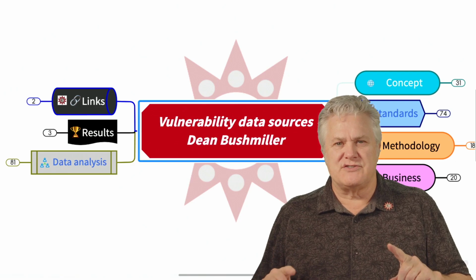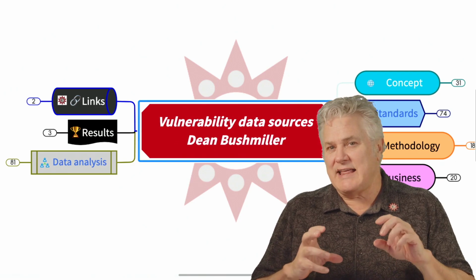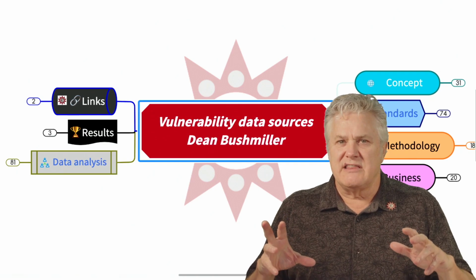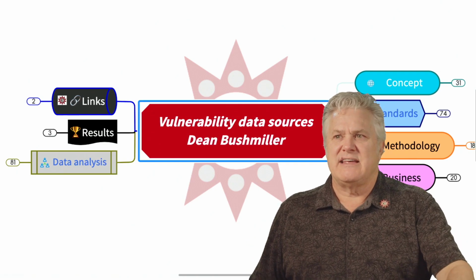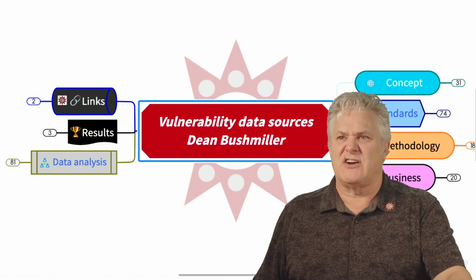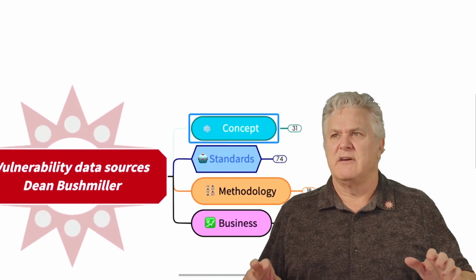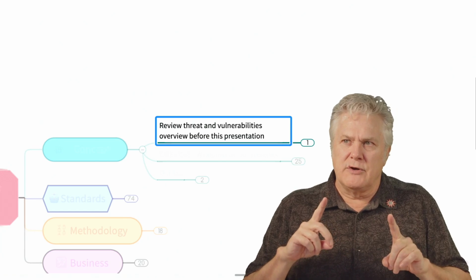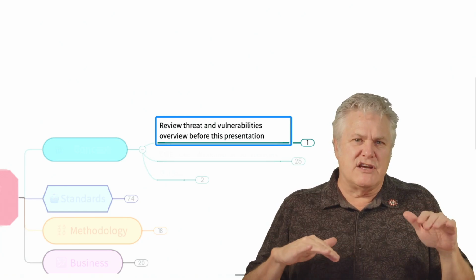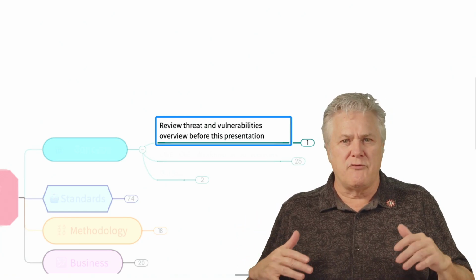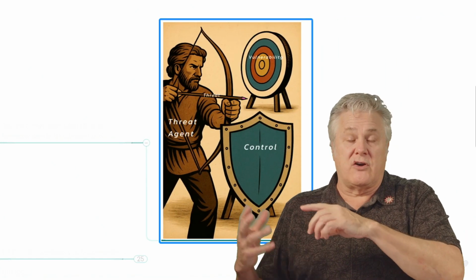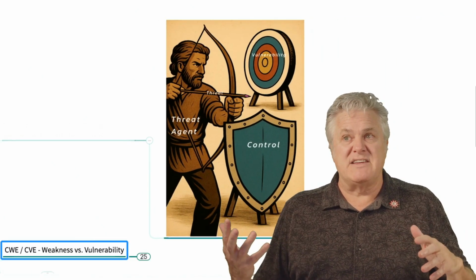Vulnerability data sources. I think I've got something more to offer you, something new and enriching compared to what you've normally seen. From a conceptual standpoint, if you haven't seen the threats and vulnerabilities overview before this presentation, go to that and look for this diagram right here, where I explain all of those basic details.